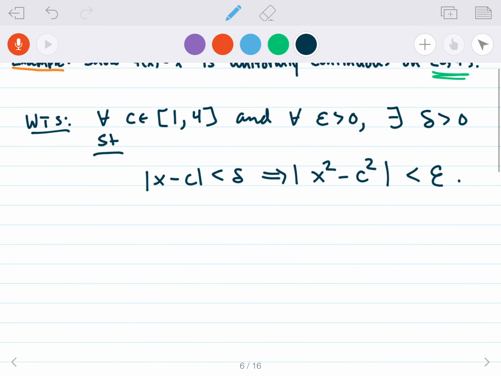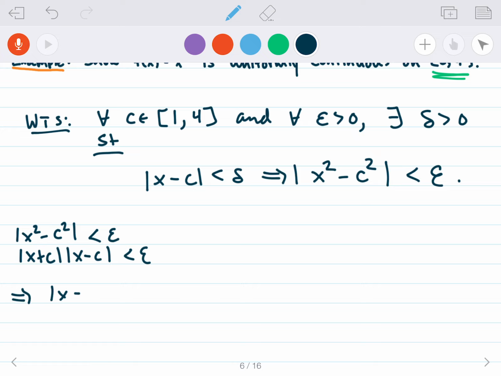Okay? And again, we just follow through with our scratch work. Again, we have this difference of squares business, and so we're going to do the same thing that we did before. And this is going to imply that we have |x minus c| is less than epsilon over |x plus c|.